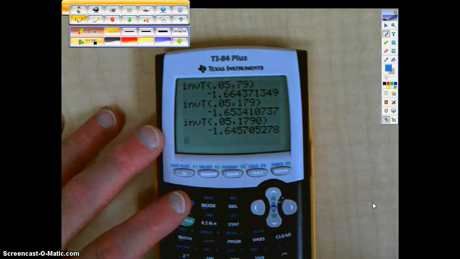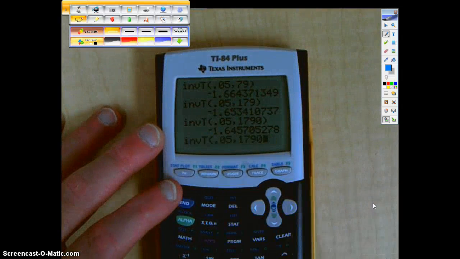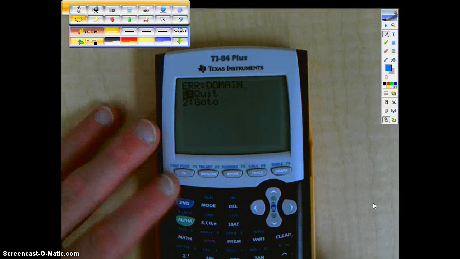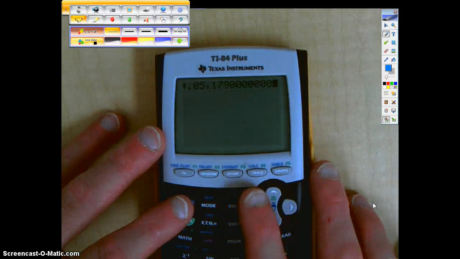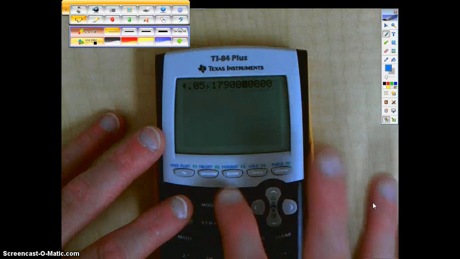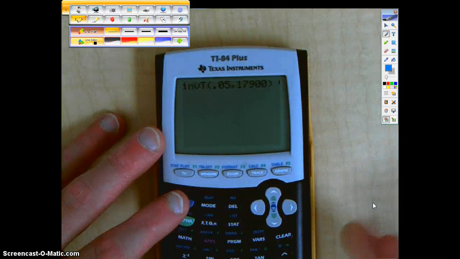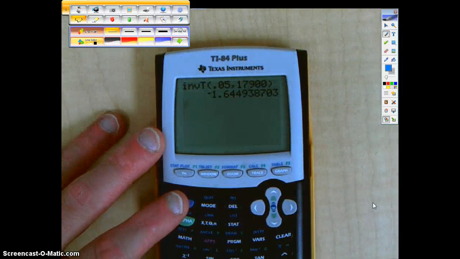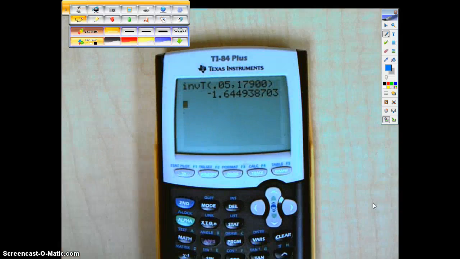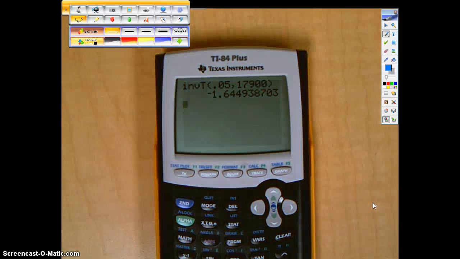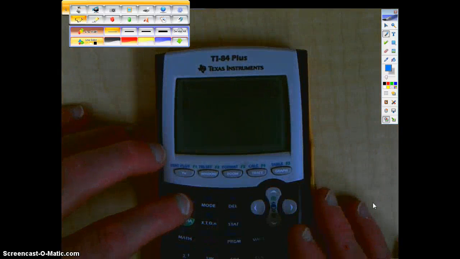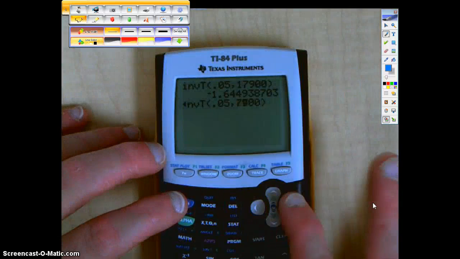Again, as this thing goes to infinity, as my calculus people would say, apparently doesn't like all those zeros, so let's just leave it. Again, the limit of this approaches the critical z value from the normal curve.